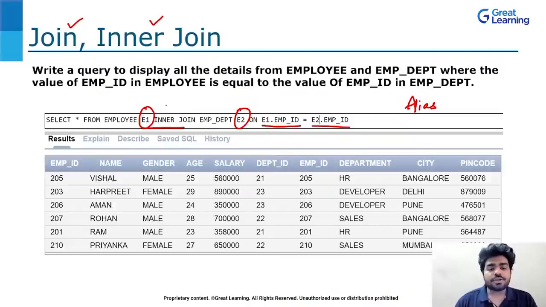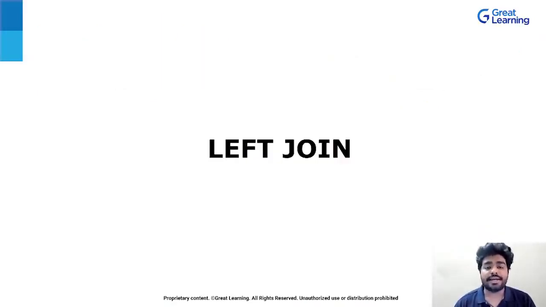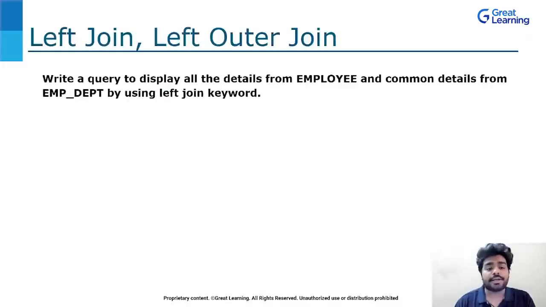Now we are using inner join. We can also use join. I hope you understood the concept of join or inner join, right? Now the next topic, which is left join, or left outer join. Write a query to display all the details from employee and common details from employee department by using left join.